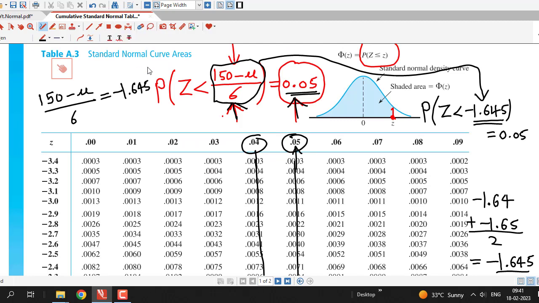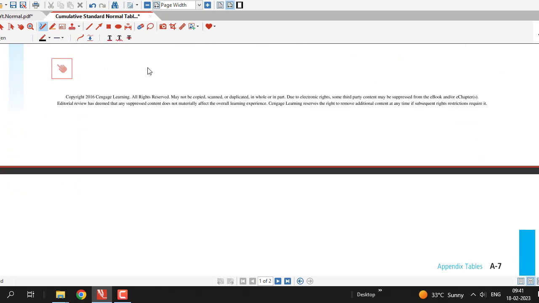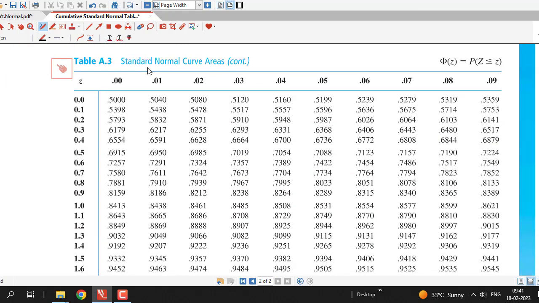So here now I have to search for 0.80 in this table. So 0.80 should be somewhere here.